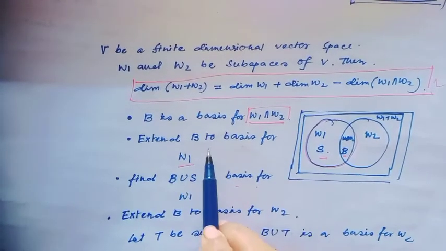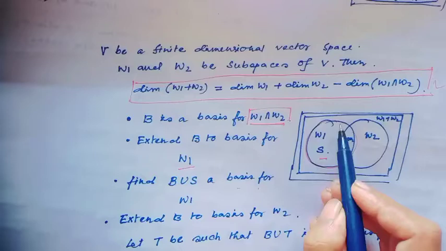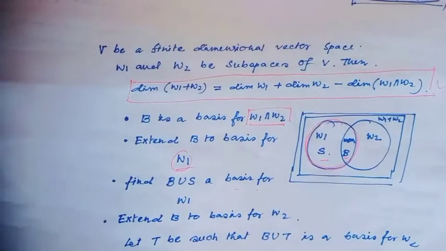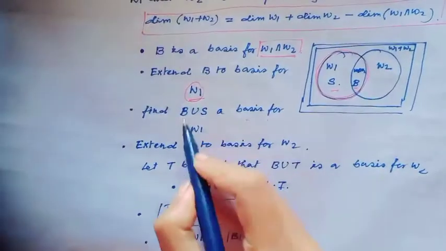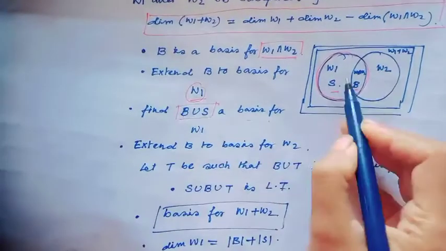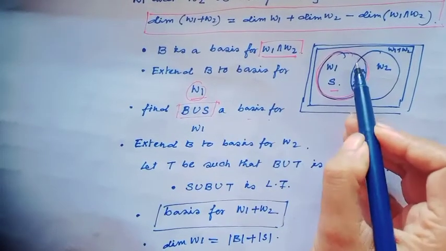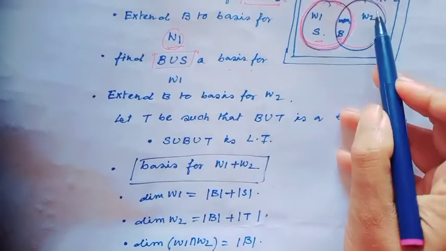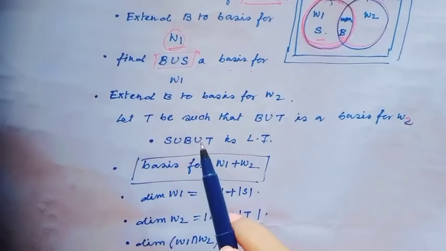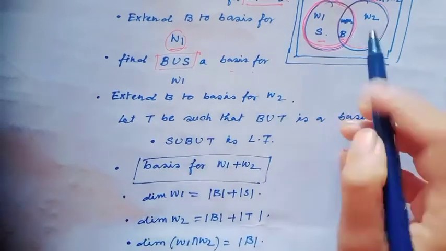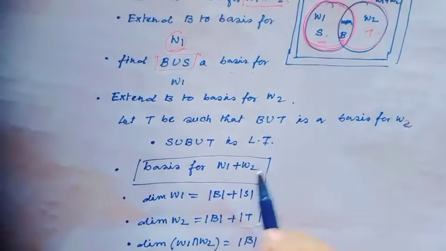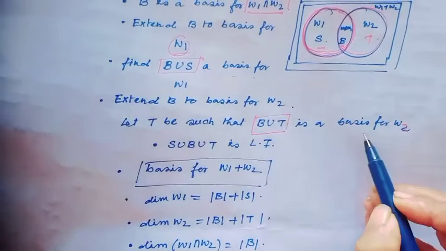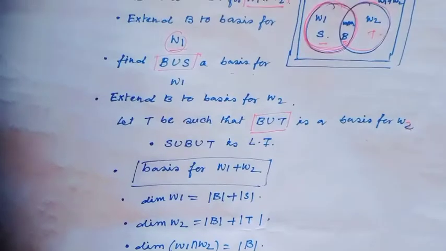Now extend the basis B to a basis of the subspace W1. Then B union S is the basis for W1. Now extend B to a basis for the subspace W2, and call the extension T. Then B union T is a basis for the subspace W2.